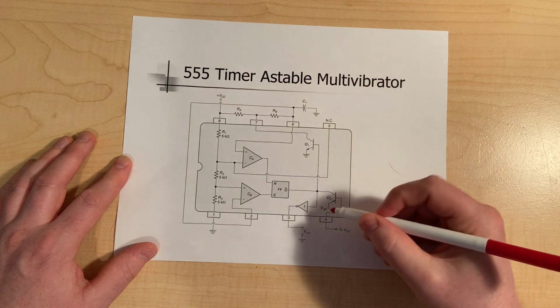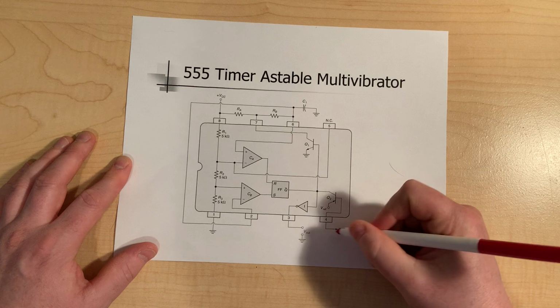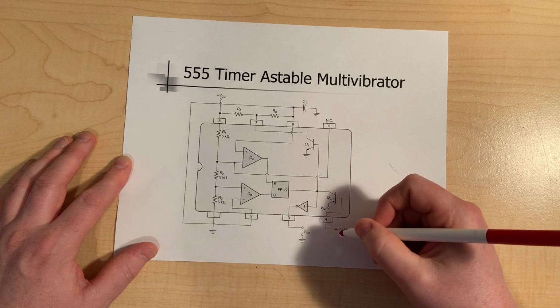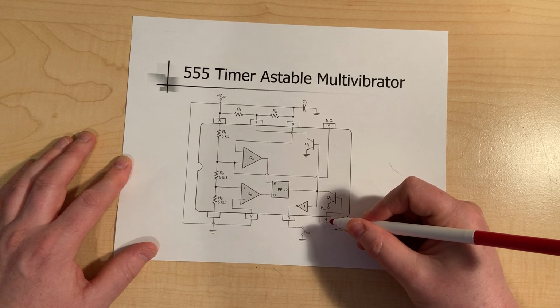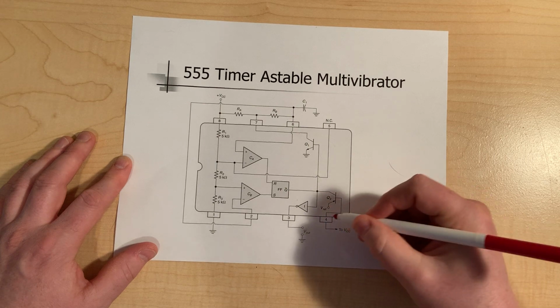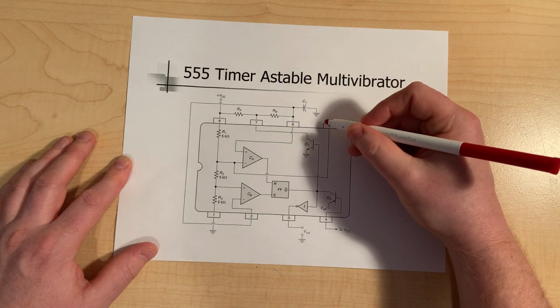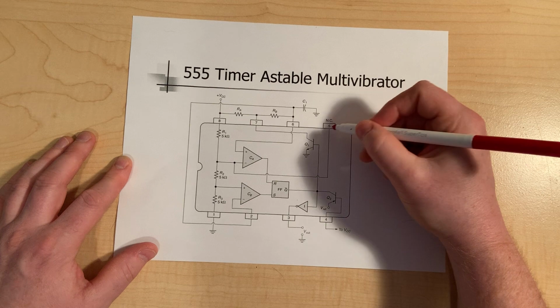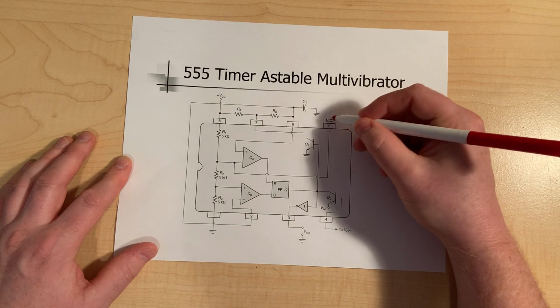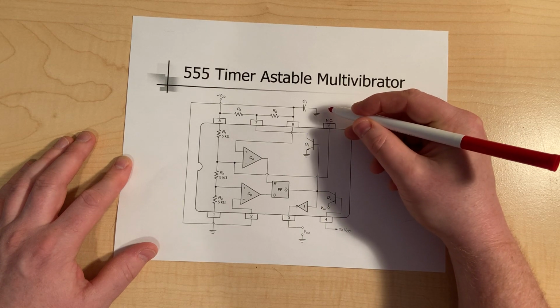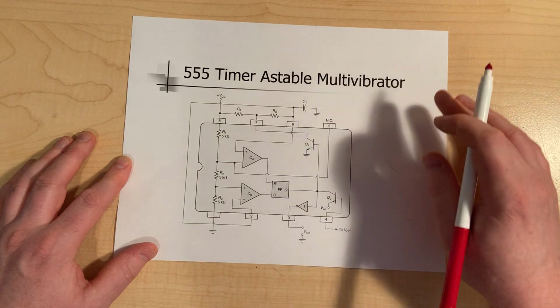If you're not looking to reset the flip-flop, you need to provide power on pin 4, and I'll explain that in a second. Pin 5 is used for changing the reference voltage to another one. I'll get into this in a second.